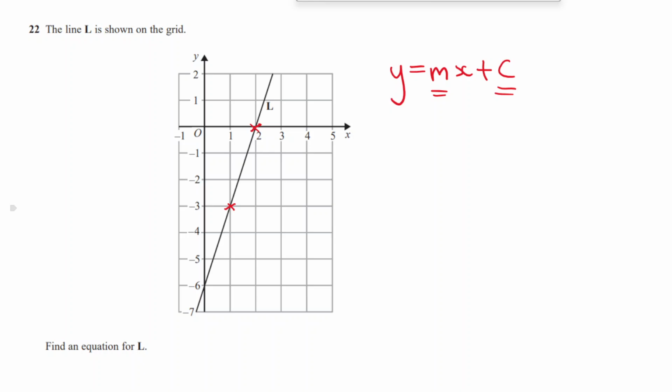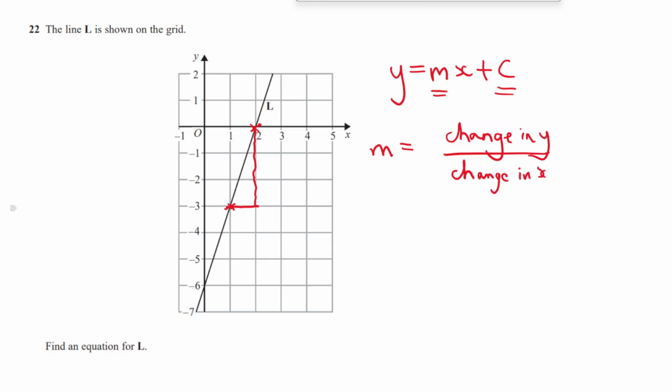So between those 2 points, from this point here, we move along 1, and we then rise or go up 3. So gradient m is denoted as change in y divided by the change in x.